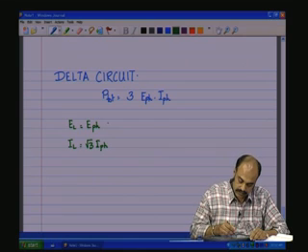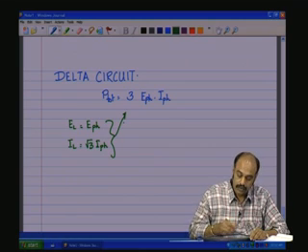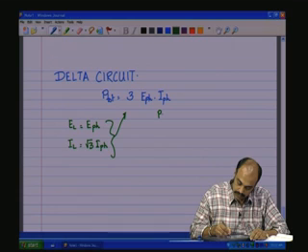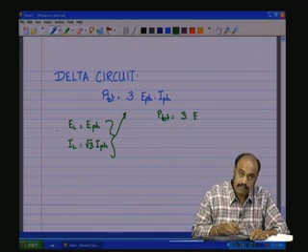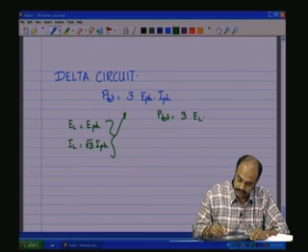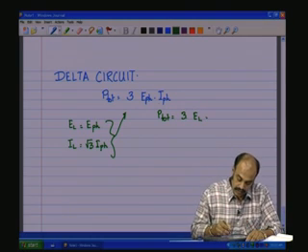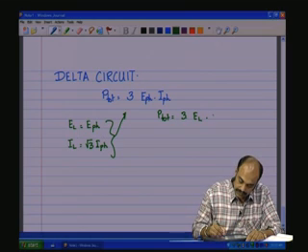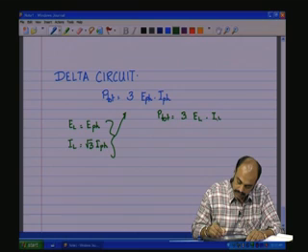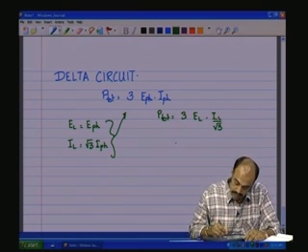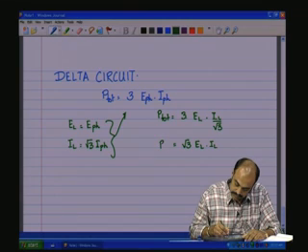So, substituting this here, we have P total: 3 times E phase, which is same as E line. So, we write it as E line in terms of the line parameters, and I phase, looking at this equation, we have I L by root 3. So, this gives you the same relationship E L into I L, this is P total.